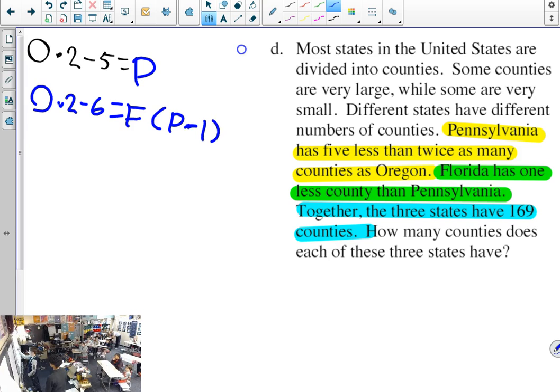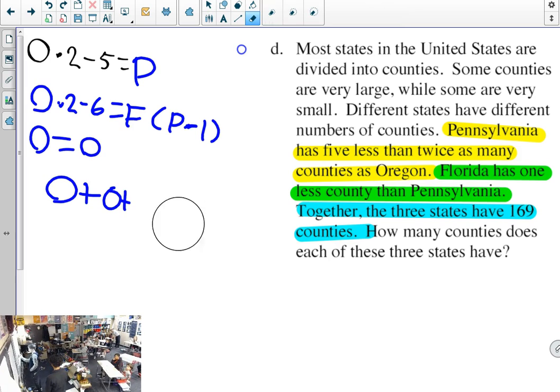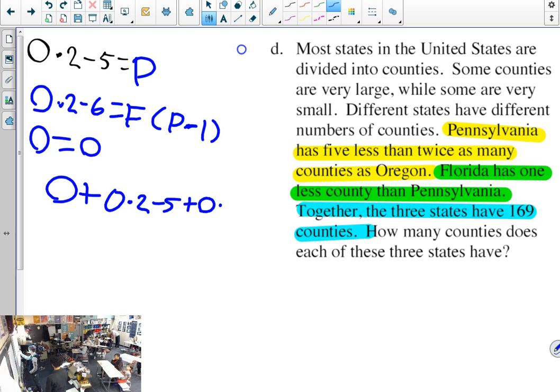And then O equals. So the equation will be O. And then I also did 3 rows.